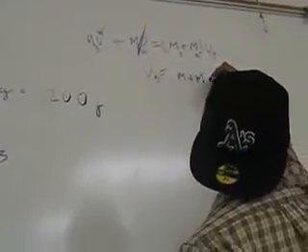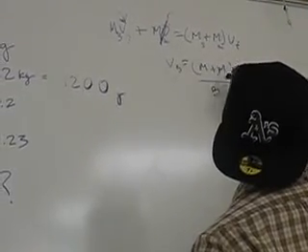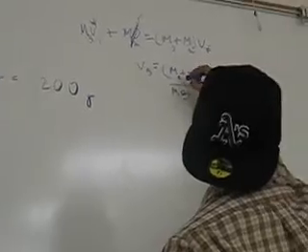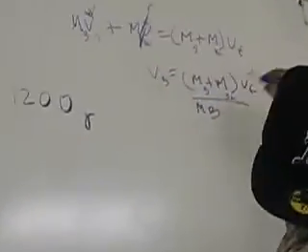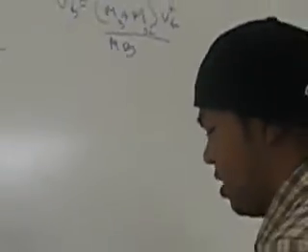(M bullet plus M block) times VF over the mass of the bullet. But we don't know VF. We don't know the final velocity. But we do know a displacement.